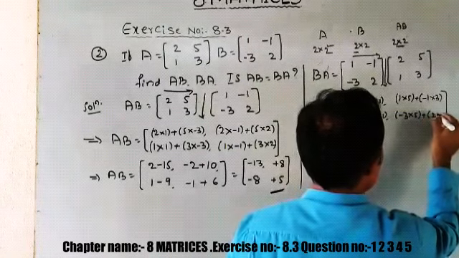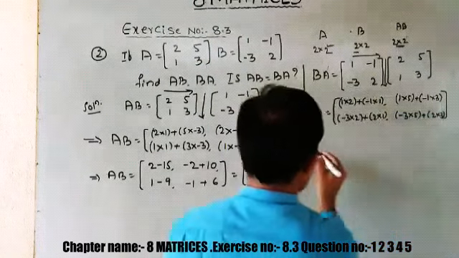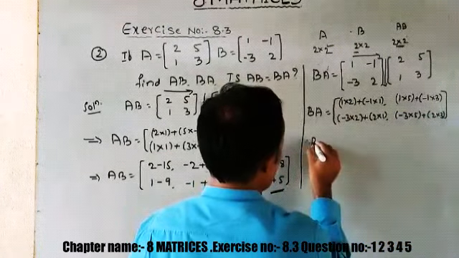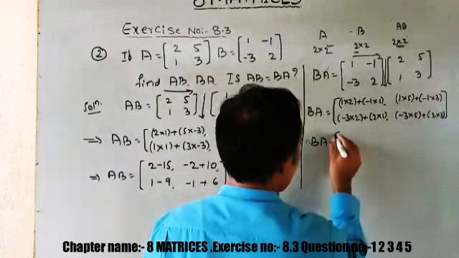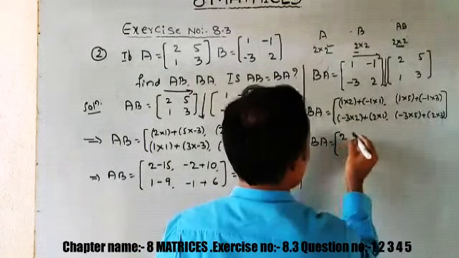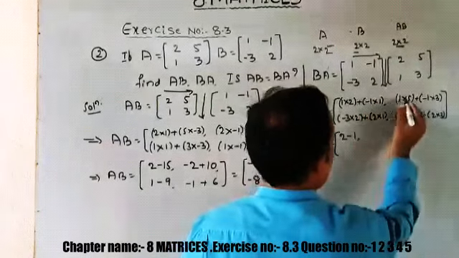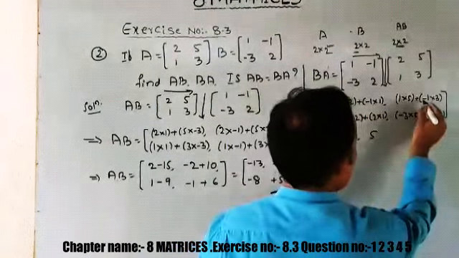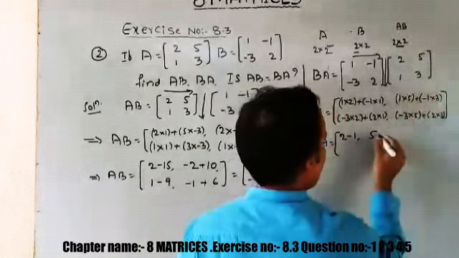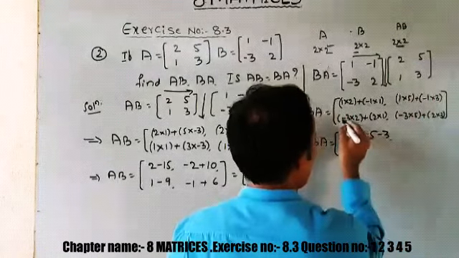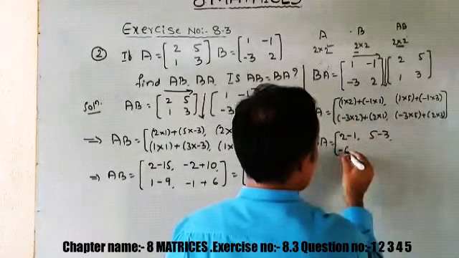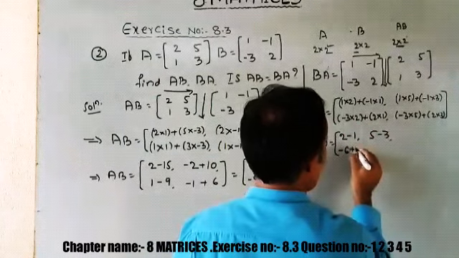Therefore BA is equal to 1 into 2, 2, minus 1 into 1, minus 1, plus of minus 1, that is 1. 1 into 5, 5, minus 1 into 3, minus 3, plus of minus 3, so 2. Minus 3 into 2, minus 6, 2 into 1, 2, plus 2, that is minus 4.